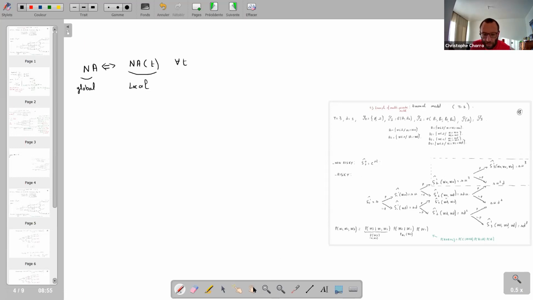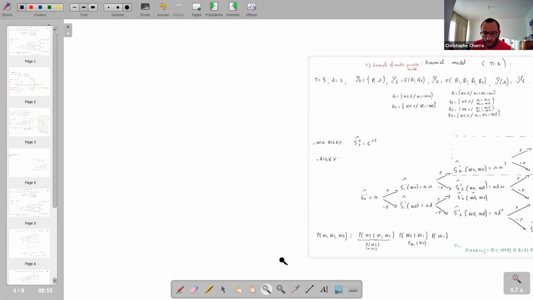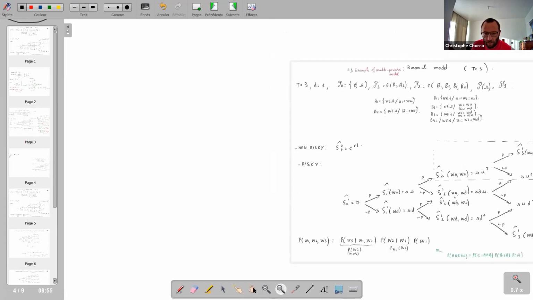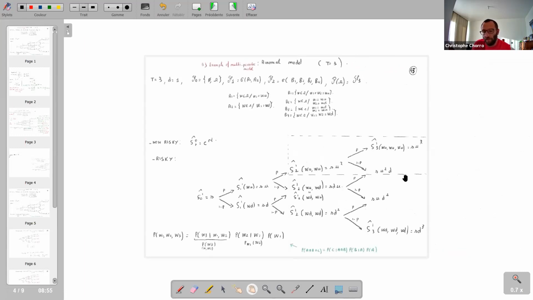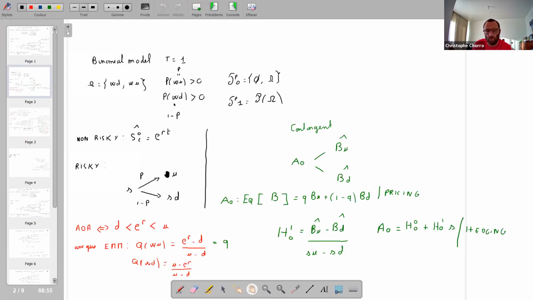But what happened here? As I have already remarked, my model here, that is a 3-period model, is just the succession of 6 models of size 1, with 1 period. And I remark that all of these models are binomial models, 2 possibilities for the state of nature for any submodel of size 1.